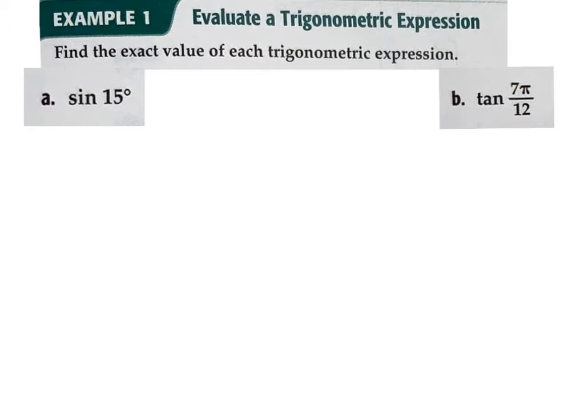45 minus 30. So I can rewrite this one to be the sine of 45 degrees minus 30 degrees. Does everybody see that? And now I can use my difference identity of sine to solve this.